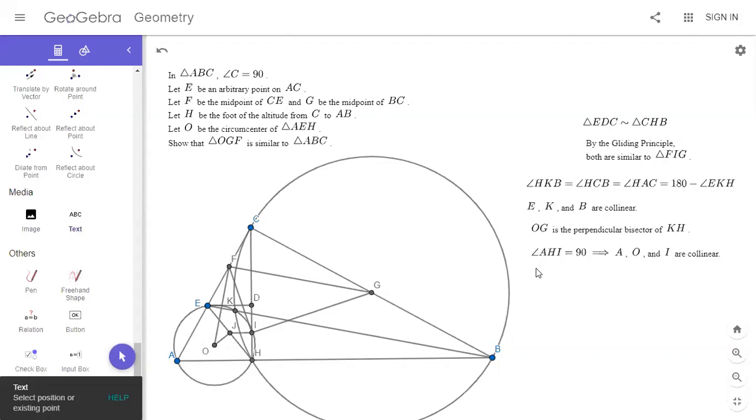Okay, so actually, let me go back to Timo's idea. Hold on a sec. HKD is 90.